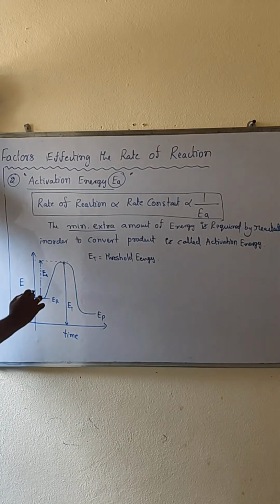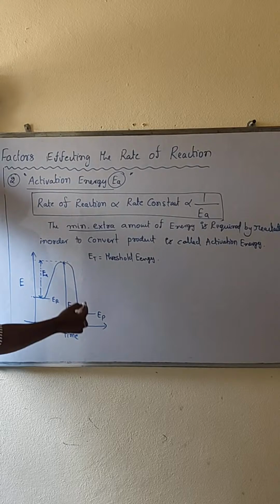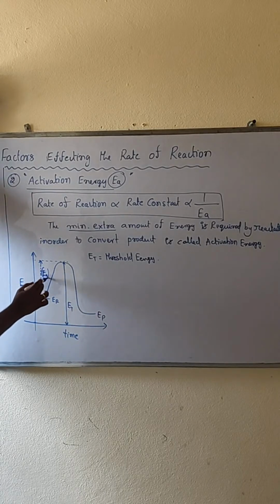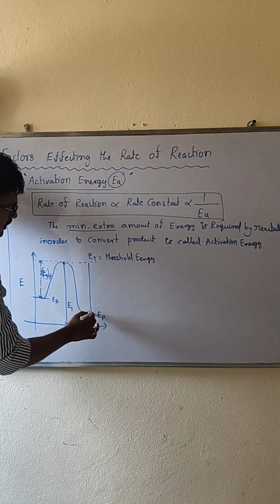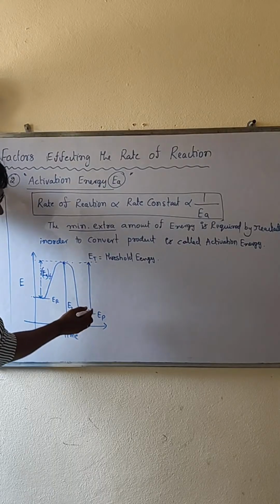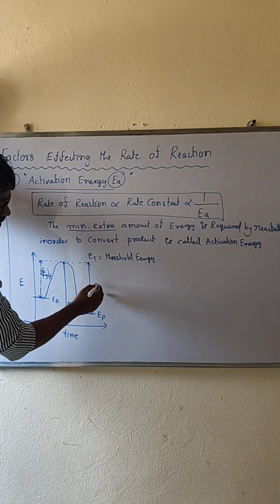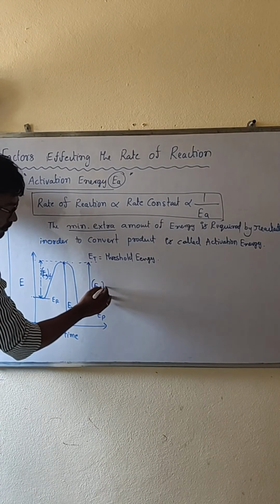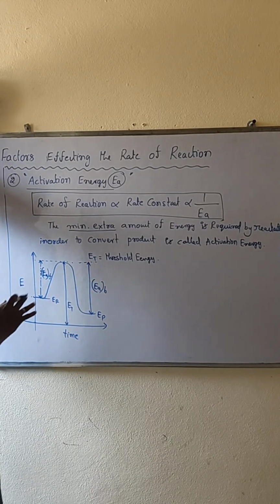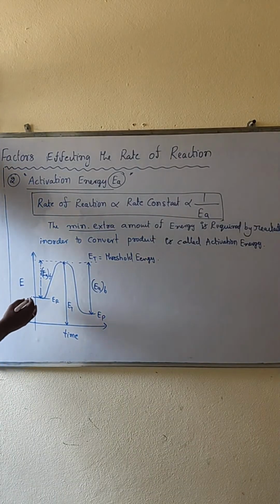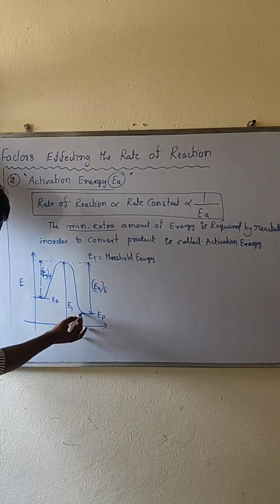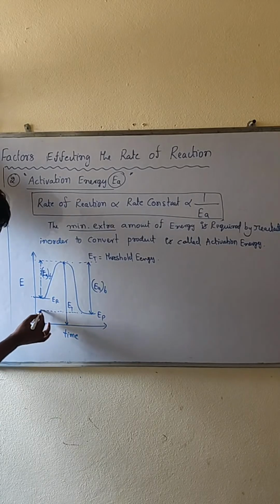In case the reaction goes from reactant to product, this is the activation energy of the forward reaction. Even products also have activation energy, which we call the activation energy of the backward reaction, if it is a reversible reaction. This is the energy of reactants, this is the energy of product.